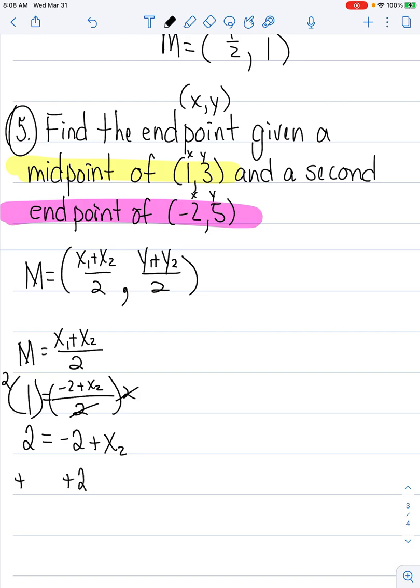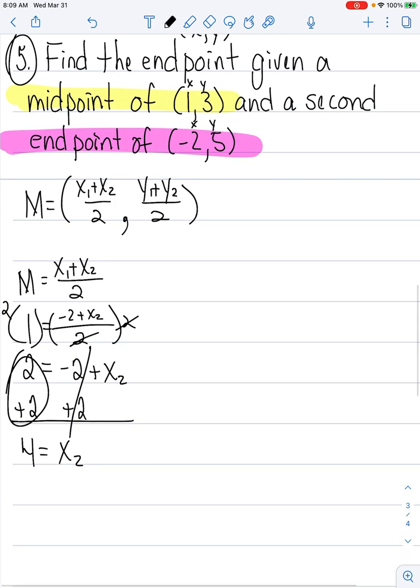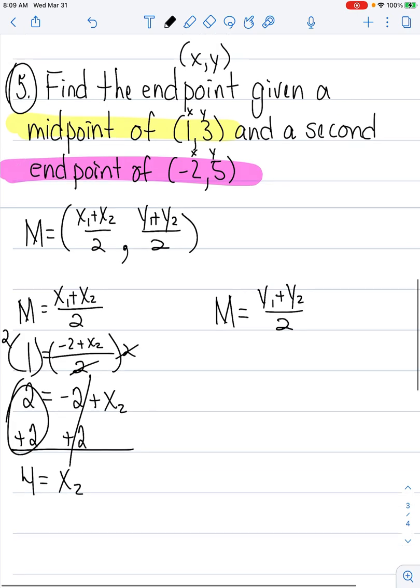Now I'm going to add 2 to both sides. 2 plus 2 is 4 equals the x. It doesn't matter what you label it, but this is the x value of that other endpoint that I want to find. Now I have to pull out the y part, y1 plus y2 divided by 2, to find the y value of that other endpoint.